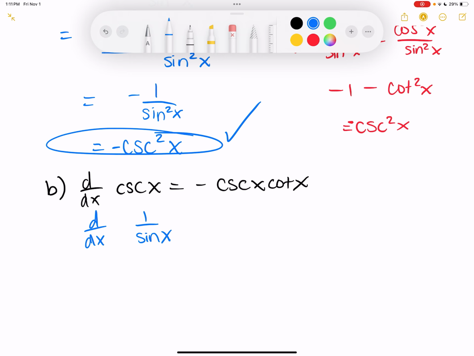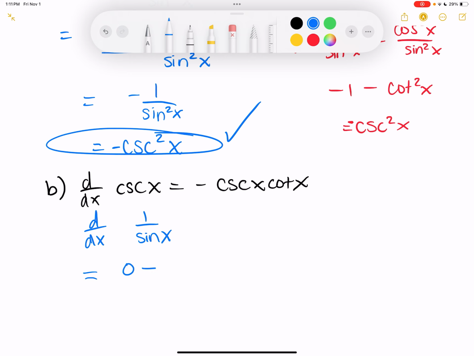All right, so quotient rule. Can I take this one? She had the last one. All right. So we have nothing times, well, it doesn't matter. So I guess we just have negative.